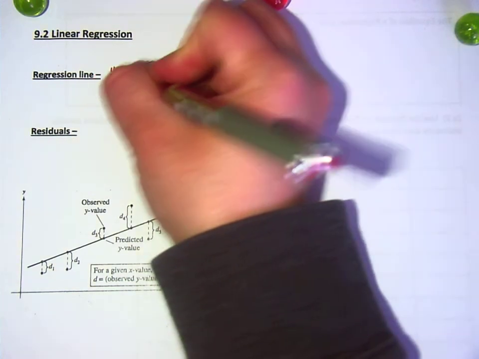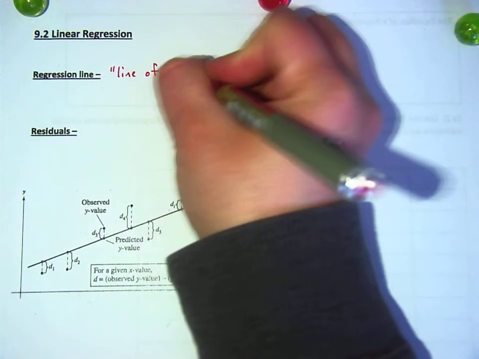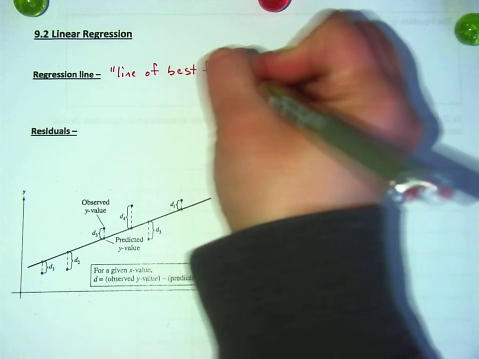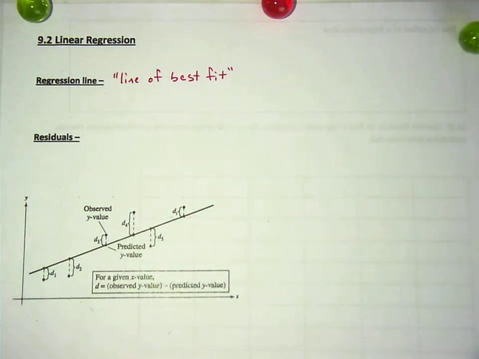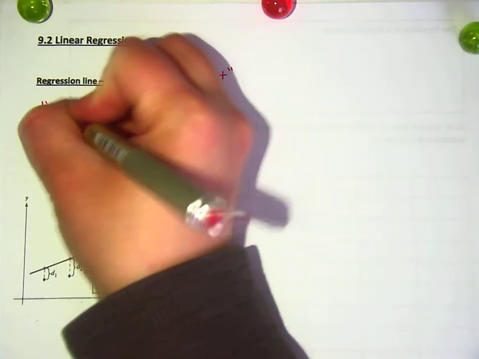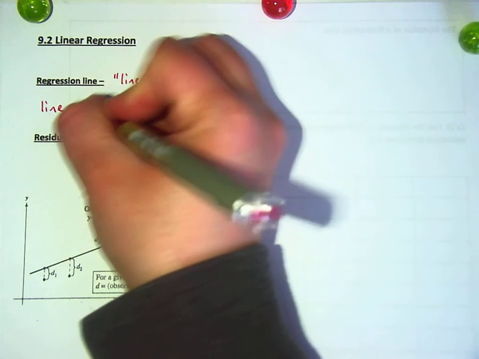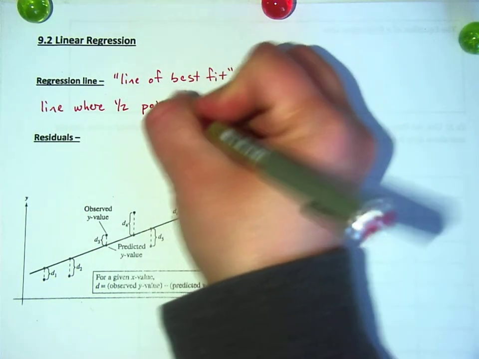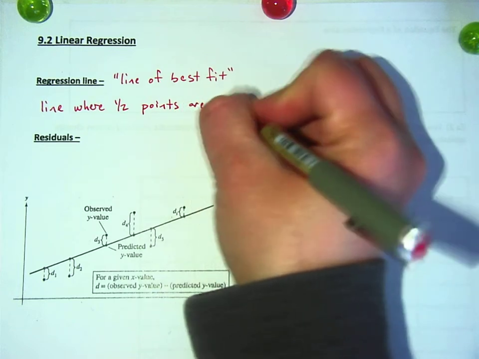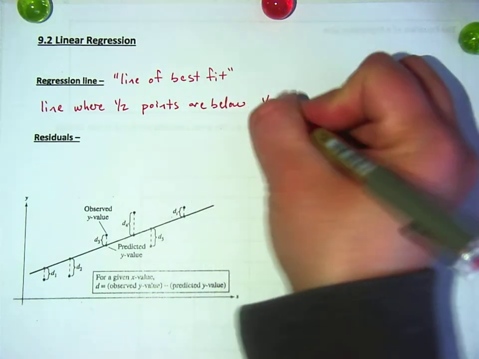Okay, so this is also called a line of best fit. It's a line, usually a straight line, where about half the points are below it and half the points are above.